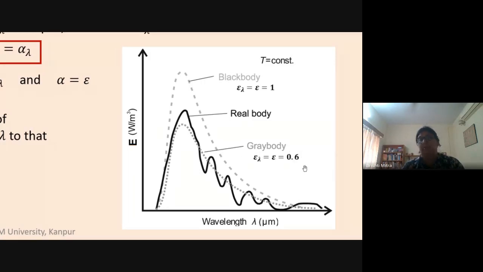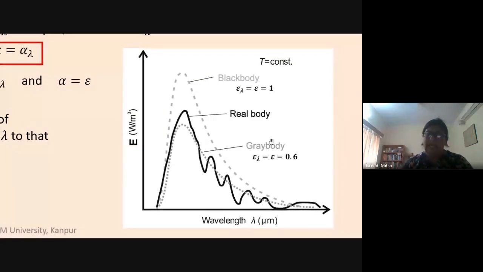In this case, for example, we are writing an epsilon value of 0.6. And the solid curve, which is almost like the gray body but not exactly, is for a real body. A real body has its emissivity less than 1, but the curves are not essentially smooth like what we have for a gray body or a black body. Because the black body and the gray body are both ideal, but a real body is similar to them, but not exactly the same.